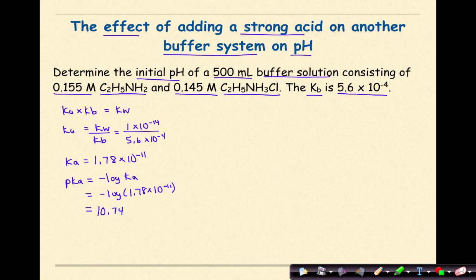10.74. So pH is equal to pKa plus the log of my concentration of my weak base over the concentration of my weak acid. And now I'm going to plug in the information that's given to me.